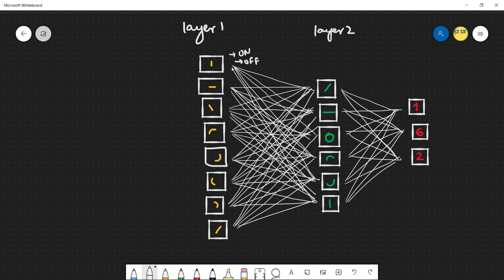If in my shape there is a really small straight line, this segment, then I want this neuron to tell the ones it's connected to that it fired on. And if there was a horizontal line, then I want this to fire on and provide that information to these connected neurons in the second layer.